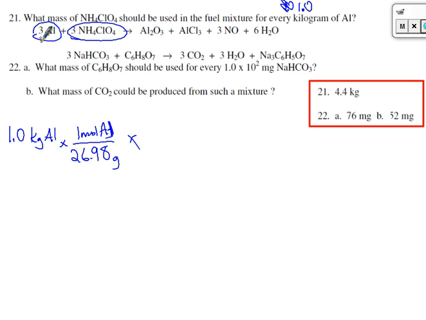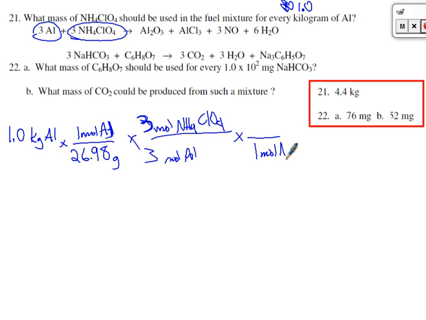Oh, that's a 1-to-1 ratio, a 3-to-3 ratio between there. So for every 3 moles of aluminum, there's 3 moles of ammonium perchlorate. And for every 1 mole of ammonium perchlorate, we should have the molar mass, which I can't do in my head, and you know how to do molar masses.